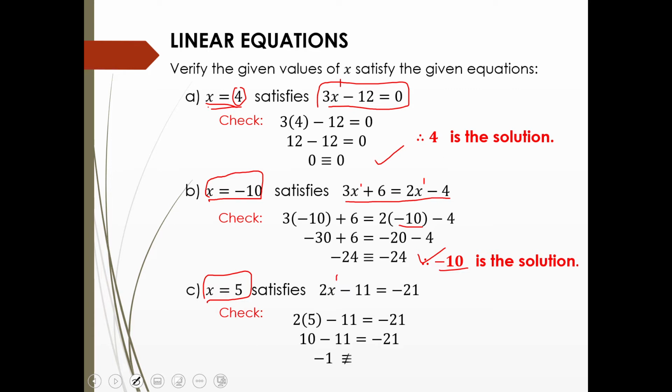However, 10 minus 11 is minus 1, which is not equal to minus 21. Hence, 5 is not a solution. So the maximum number of solutions for a linear equation is 1. It can be a solution if it satisfies the given equation, that is, the left-hand side and the right-hand side should be equal.